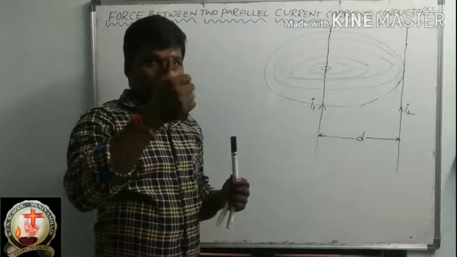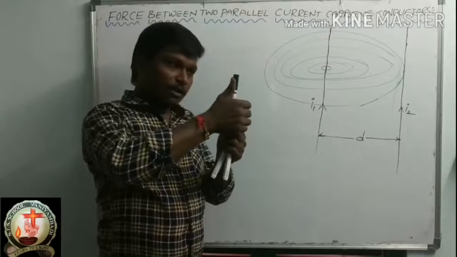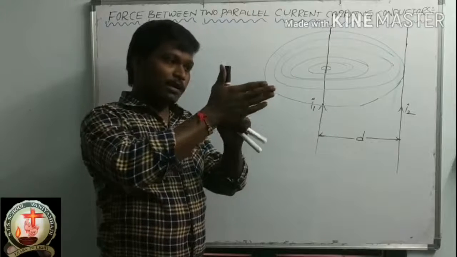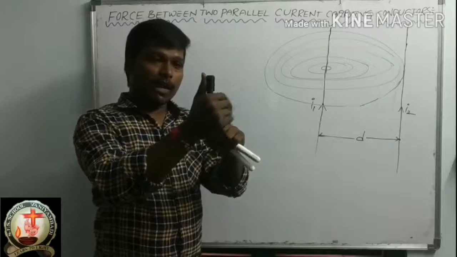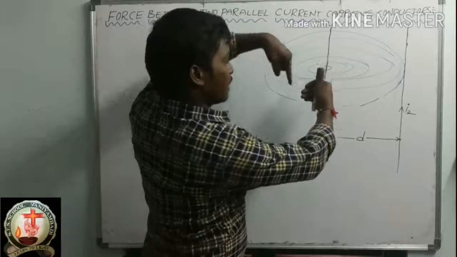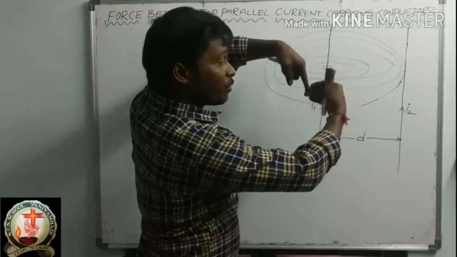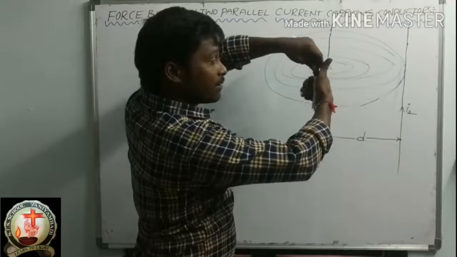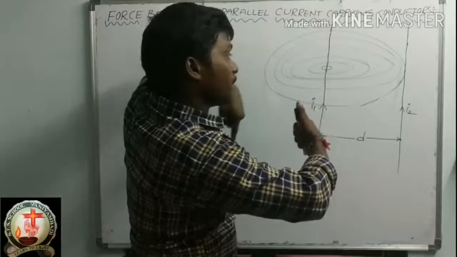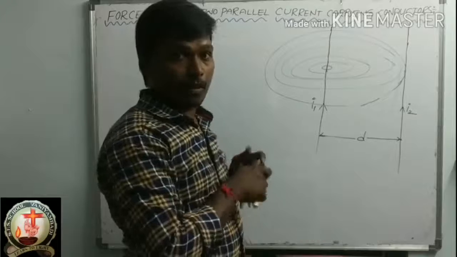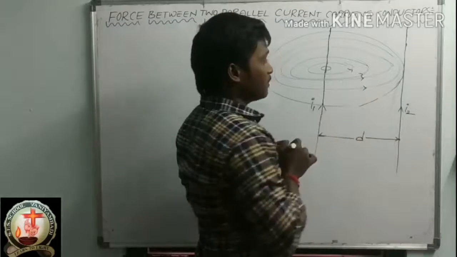Upwards. So take your right hand, the thumb shows the upward direction. In what direction are these four fingers showing? Curling in this direction. So this is the magnetic field direction. Just remember that.